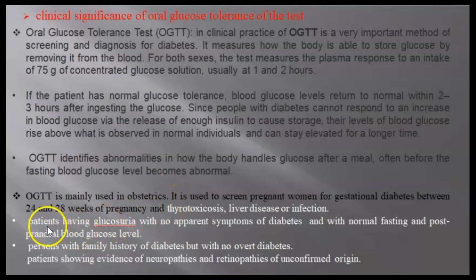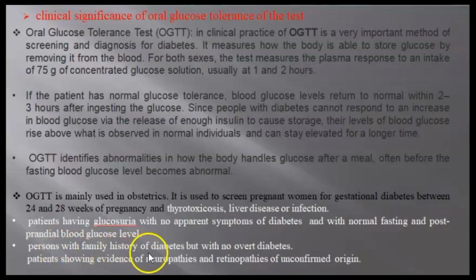And also in the case of a patient having glucosuria, meaning the presence of reducing sugar in urine, frequent urination, and then a trace of glucose in urine, the oral glucose tolerance test can also be carried out. So, we are moving ahead.